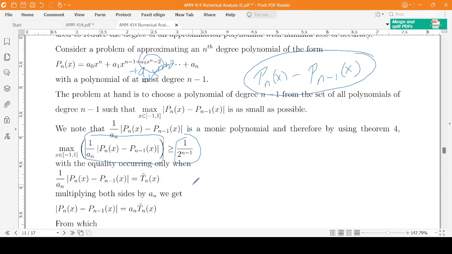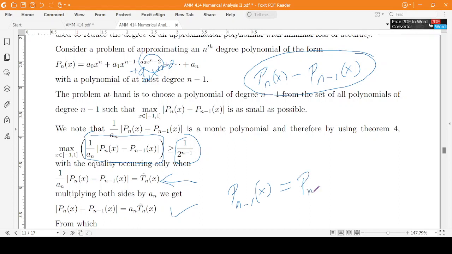Now, with this relation here, if we multiply both sides by the coefficient an, then we can get this relationship, which we rearrange to make Pn minus 1 the subject, because we want to find a polynomial of one degree less than that of Pn.